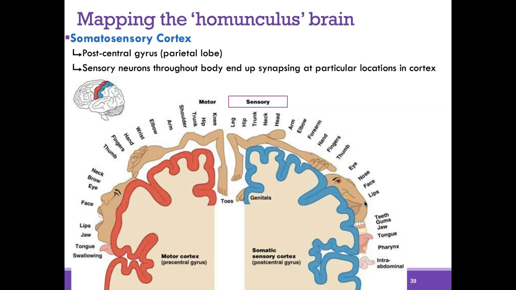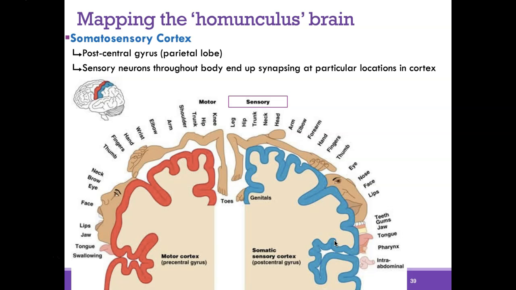And all of these receptors from the body end up merging into spinal nerves, which converge on the spinal cord, which connects to the thalamus through the brainstem. And then from the thalamus, those neurons from throughout the body are routed to a specific location on the somatosensory cortex of the parietal lobe.